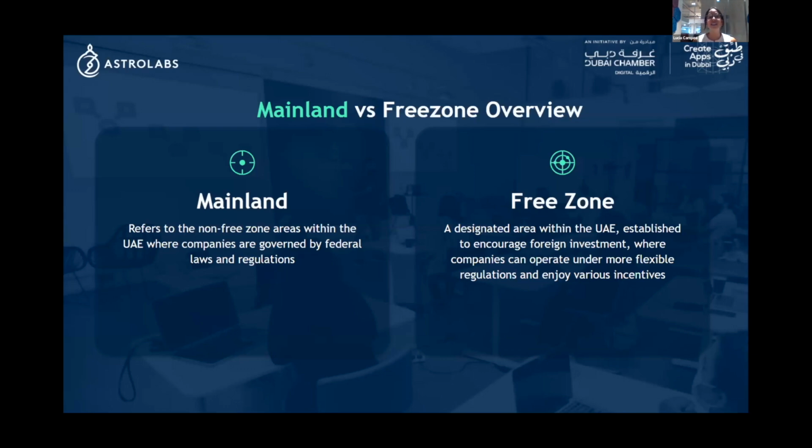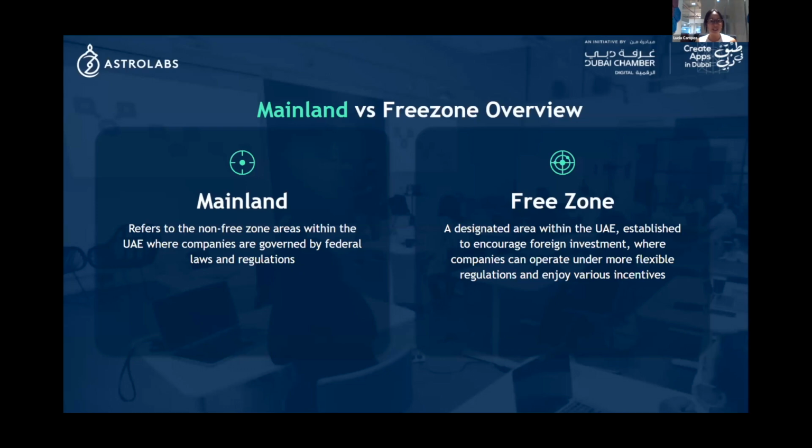Another advantage is the streamlined business setup and support that you receive from the free zone, as well as the established networks that exist in each free zone. So you'll find more of a community or hub within the free zones for designated industries.